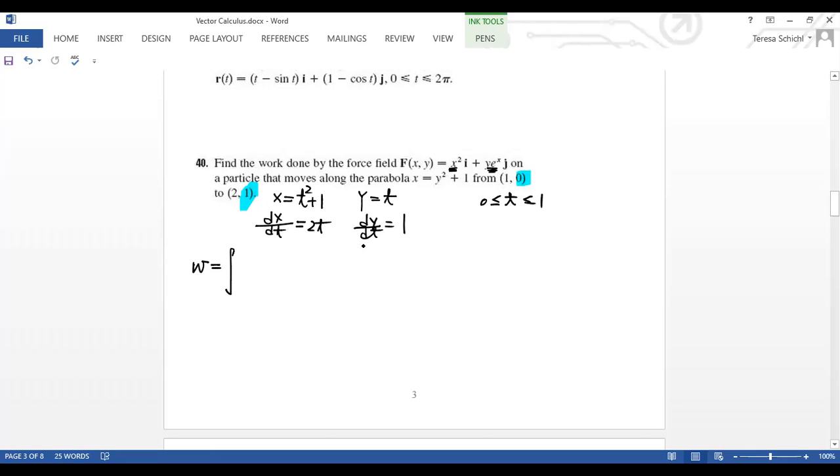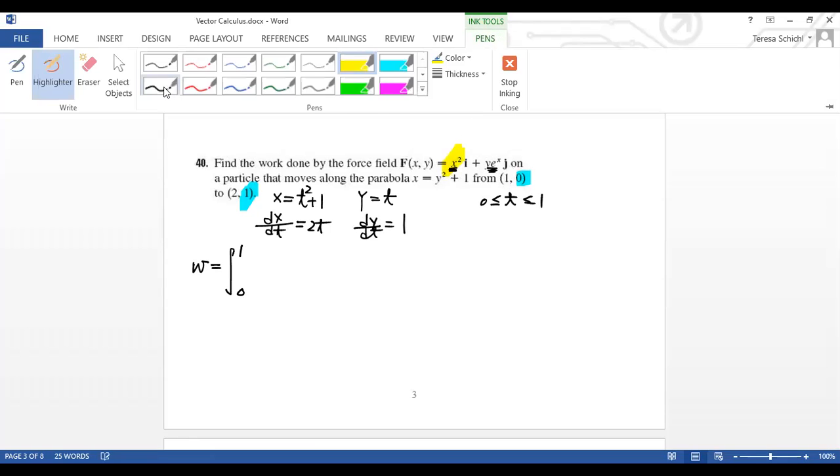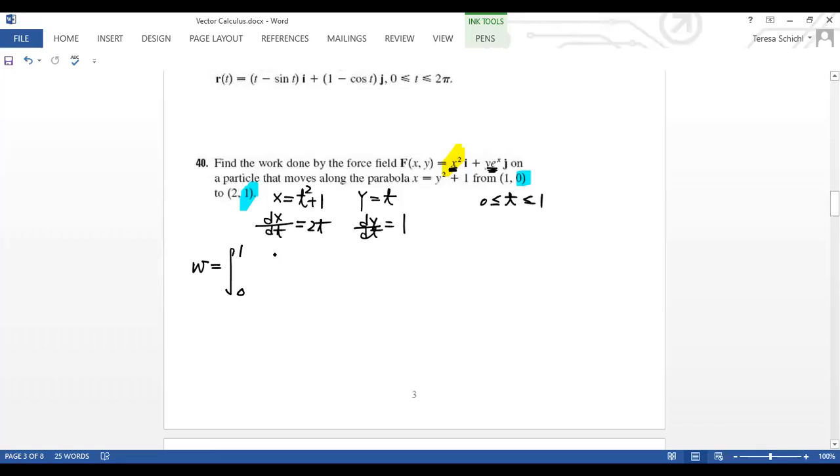Now the goal is to change everything to t's, right? The t I know is 0 to 1. So the first thing is I'm going to look for x squared, which is t squared plus 1, and dx.